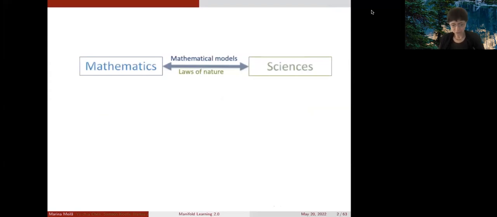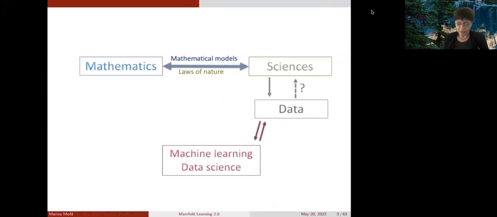So the motivation for this work comes from the need to place manifold learning in a closer context to mathematics and the sciences. Mathematics and sciences have developed over the centuries a close symbiosis in which now machine learning steps in, and machine learning does communicate with the sciences and is used in the sciences, but it's mostly used by means of the data.